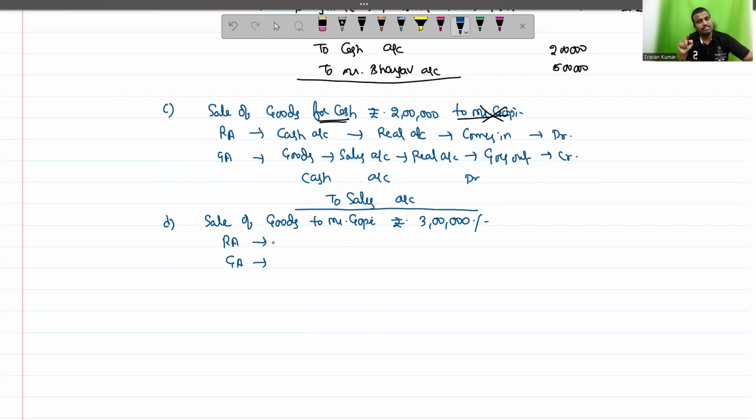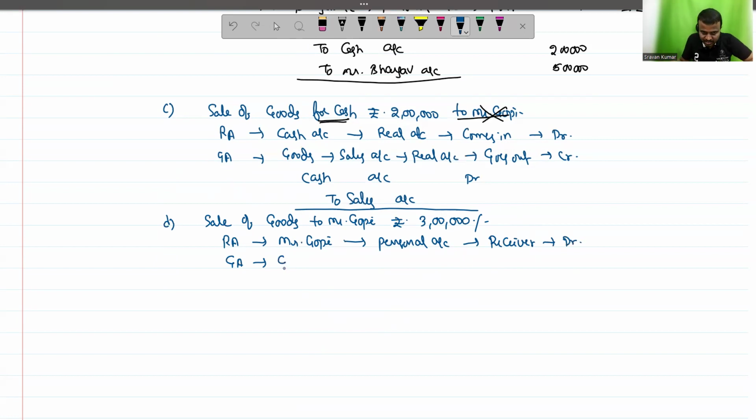Here, there is no receiving aspect, but there is a receiver. Who is the receiver? Mr. Gopi. Gopi is a personal account. What is the rule for a personal account? Debit the receiver, credit the giver. Here, Gopi is the receiver and his account is debited.